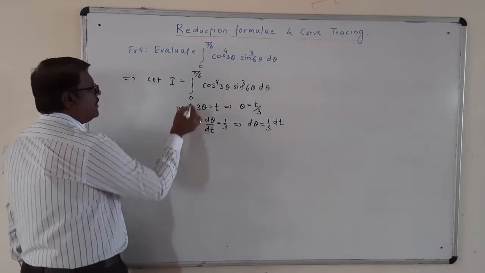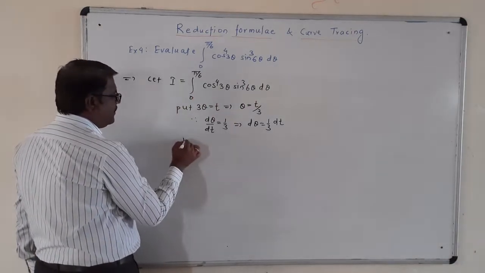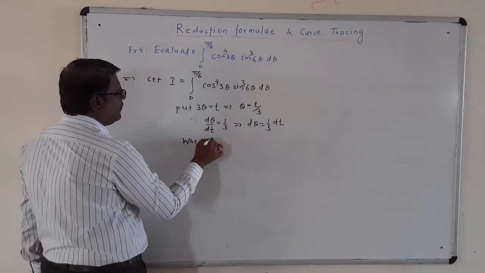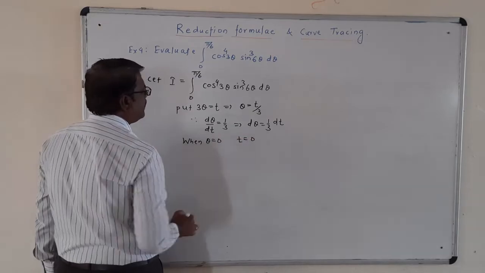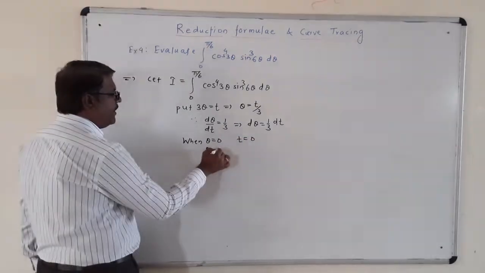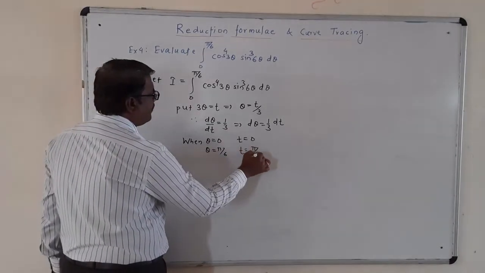Now these are the limits of theta. So when theta is equal to 0, the value of t is 0, and when theta is pi by 6, the value of t is pi by 2.